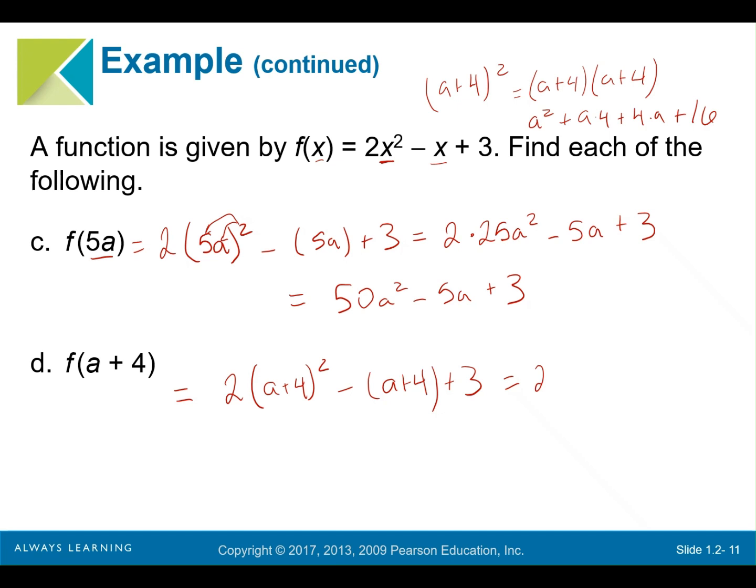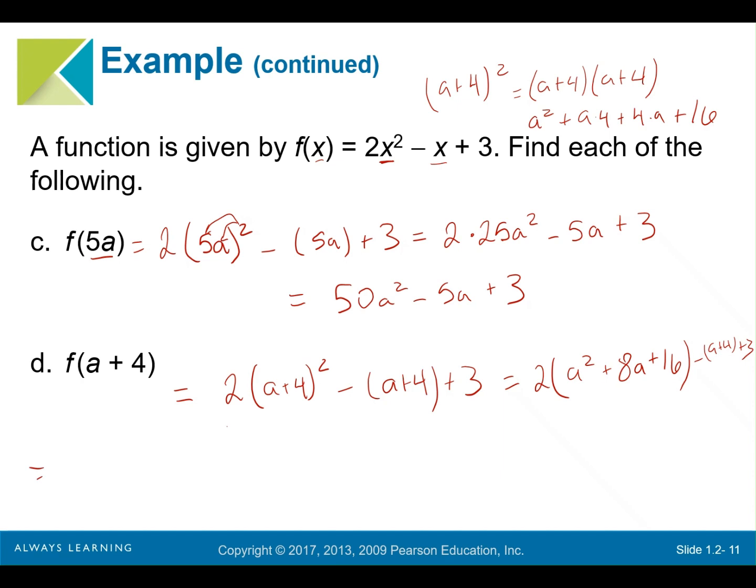And so I'm going to write that down now, a squared. I'm going to go ahead and add 4a and a times 4 to get 8a plus 16. And then we're just going to squeeze it in here, I think, minus a plus 4 plus 3. Okay, so moving on to the next line, we'll keep going.